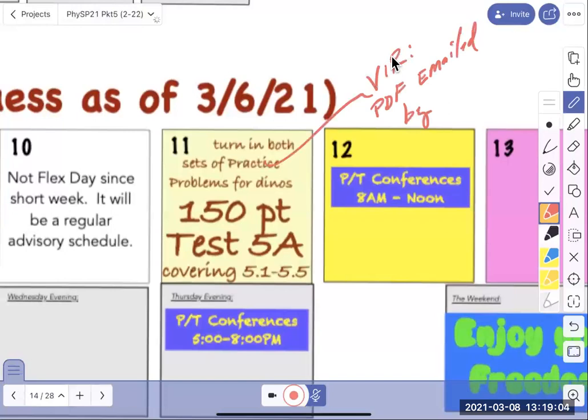I'll give you time to set that up, and I'll email it to you by 1:30 p.m. And then it's due by midnight that night, because no one's even there at school on Friday. So there's no reason to push you back to Friday. You might as well just do it that afternoon.